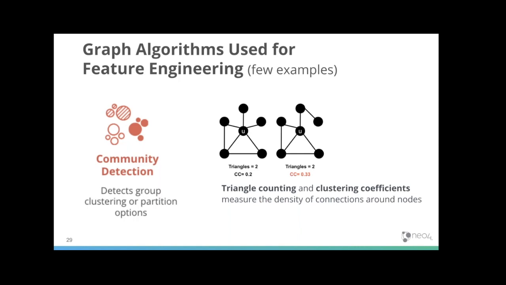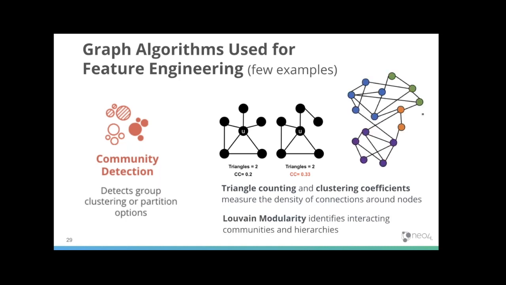Clustering coefficient takes that measure and then looks at the probability that the neighbors of U are connected. That one for link prediction in general can be very predictive, and it's used a lot in trying to understand whether communities are dense and likely to be connected.